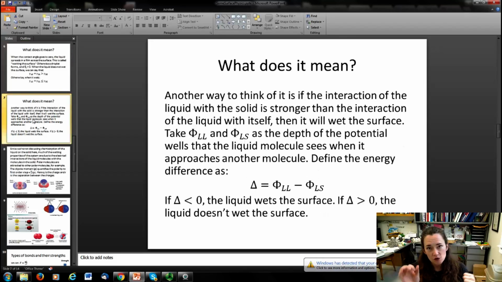Well, another way to approach it or think of it is that if the interaction of the liquid with the solid is stronger than the interaction of the liquid with itself, then it's going to wet that surface, okay? So if we assume that the energy of that interaction, we'll call it phi LL, and that would be the energy of the interaction between one liquid molecule and another liquid molecule.